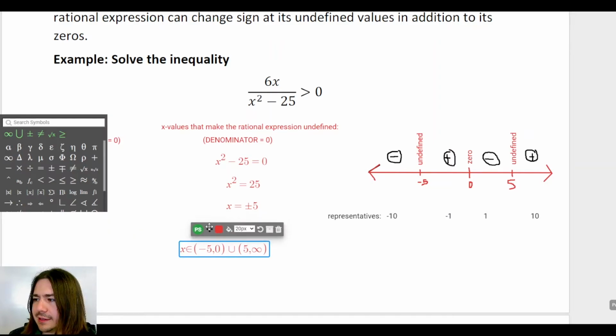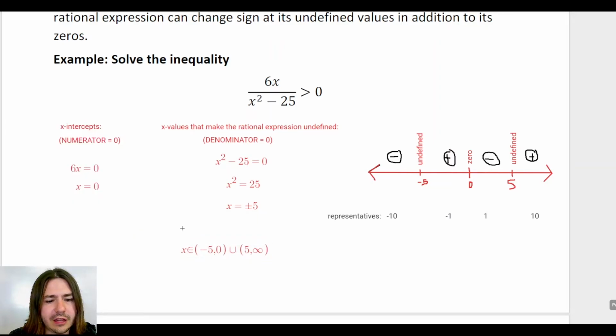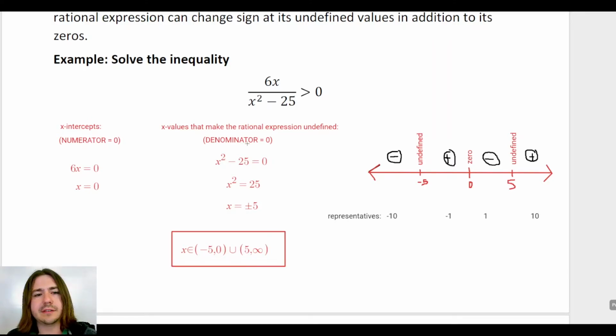So I guess the key thing to point out here is that you're kind of doing the same thing as what we did when we looked at polynomial inequalities. The only real difference here is that we're also looking to see where it's undefined. So you'll set the numerator equal to 0 and get those x values, and set the denominator equal to 0 and get those x values.